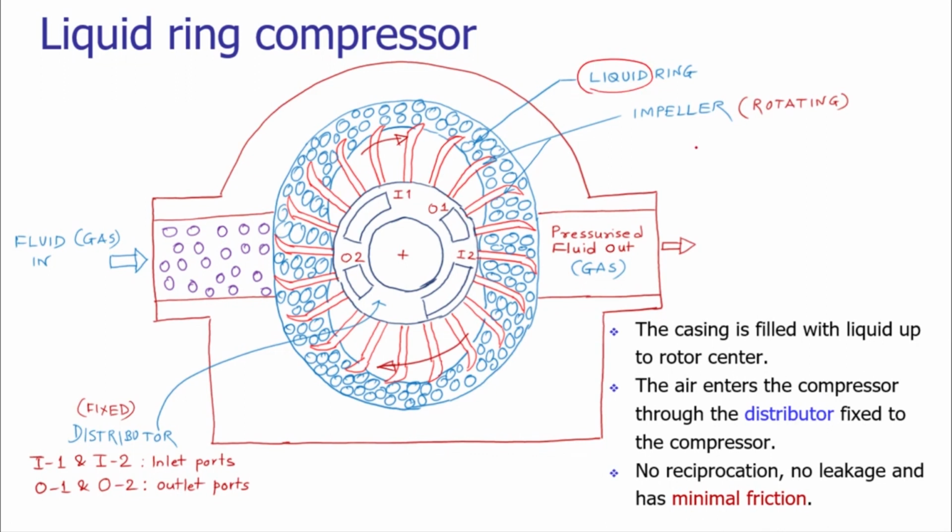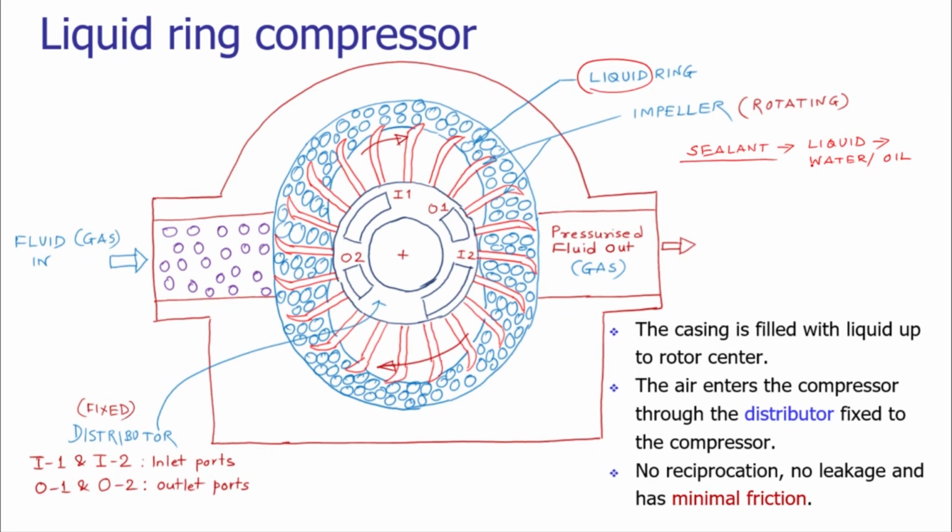So we need to have an efficient sealant, and that sealant here we are using is a liquid only. That liquid is water or oil. By using this liquid sealing, we are creating the compressed air during this operation.